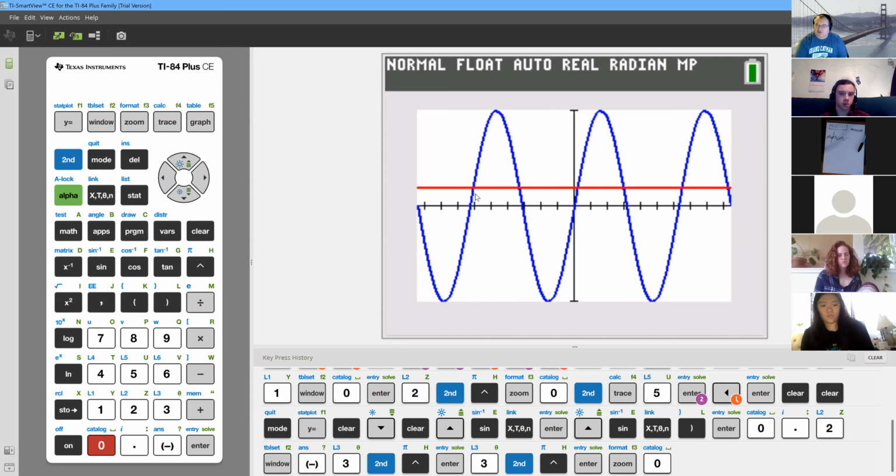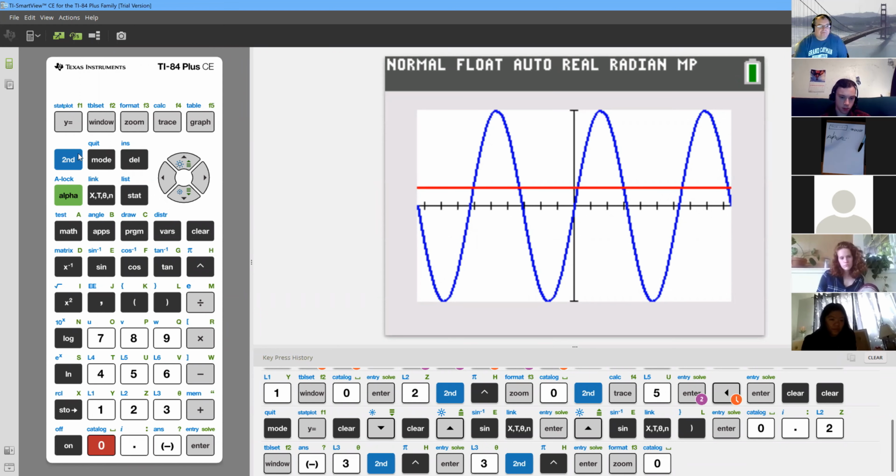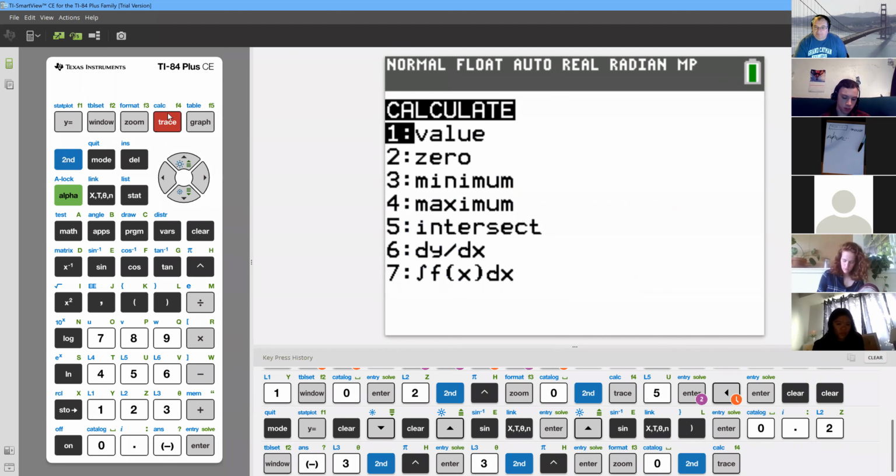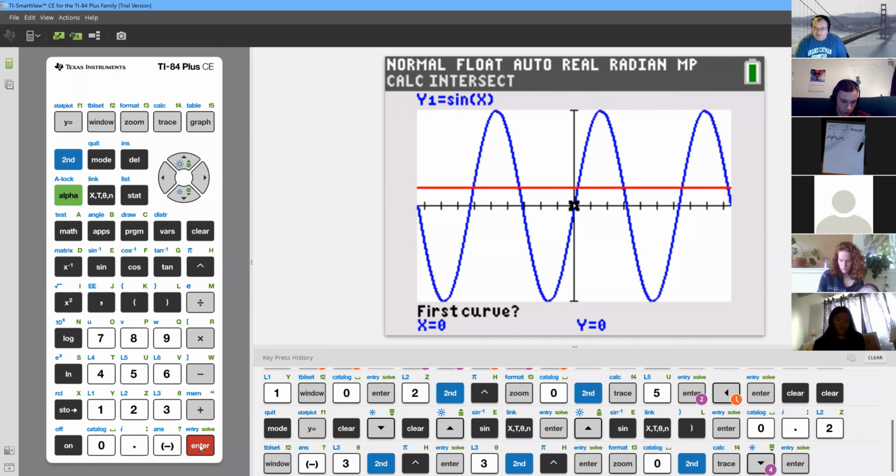Now, if you use this graph, there's no way you're ever going to be able to estimate any of these x coordinates. See that one there? There's no way in the world you're going to be able to read it off to 4 decimal places. So the book was a little bit unfair the way they phrased it. What we are going to do is let the calculator find it. So I'm going to go second calc, and the one I'm choosing is number 5, intersect.